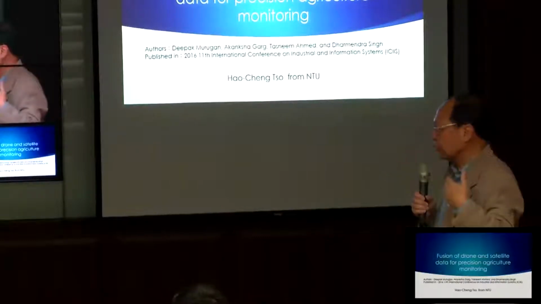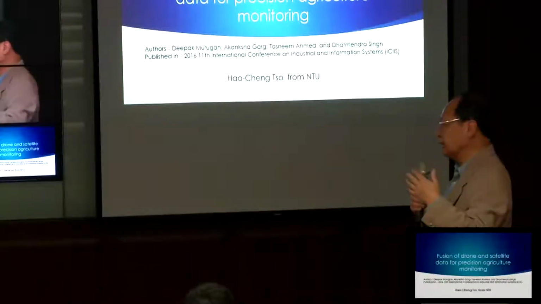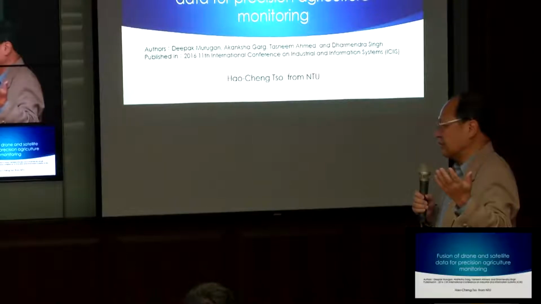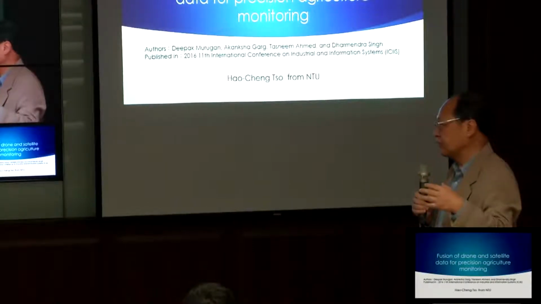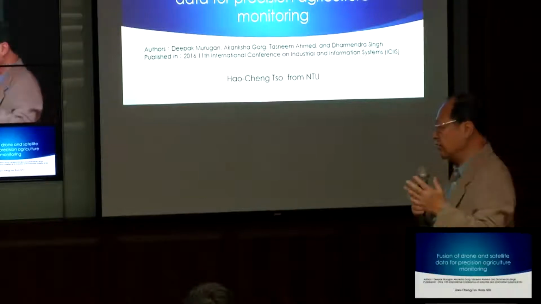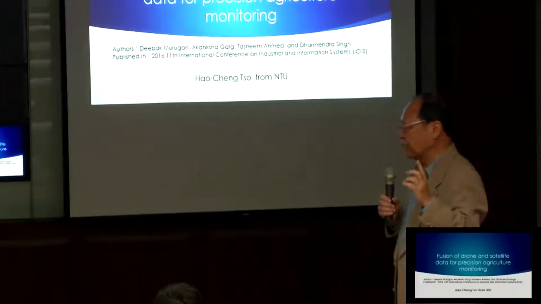Before the drone, say 10 years ago, there was no drone, still satellite, and you could do the same thing. Different vegetables, different crops, you can use the image with some vegetation index. NDVI is one of them, it's not the only one.